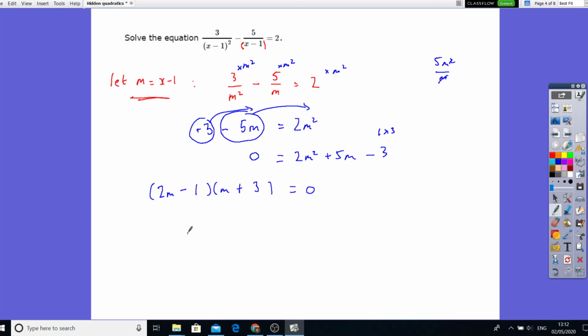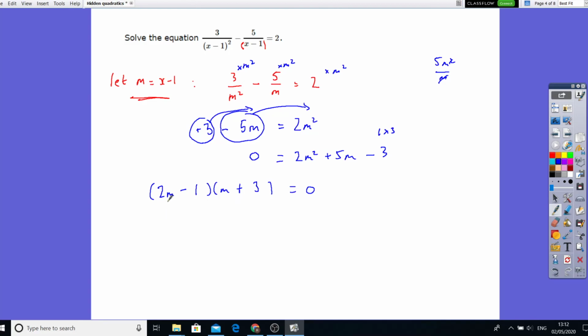Alright, let's just double check it again in our heads. 2m times m is 2m squared, 2m times 3 is 6m, positive 6m, minus the 1m here, which is going to give me 5m, positive 5m, and then the minus 1 times a positive 3 is going to give me the negative 3. Alright, so straight away this bracket can equal 0 or this bracket can equal 0.